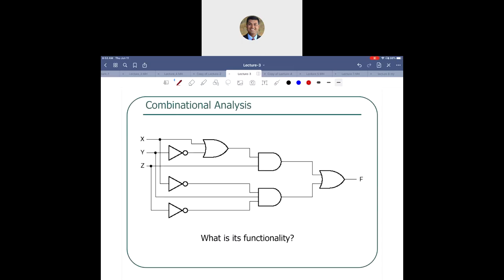Let's talk about combinational analysis. Well, I just introduced a new term here, combinational. So what does combinational mean? Combinational analysis. Well, these are a classification of logic circuits in which there is no memory. So let me write that, no memory.